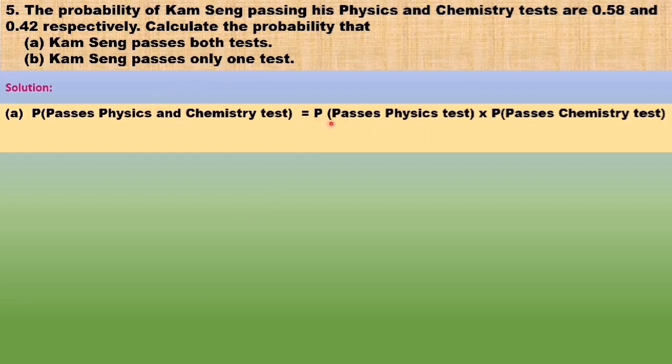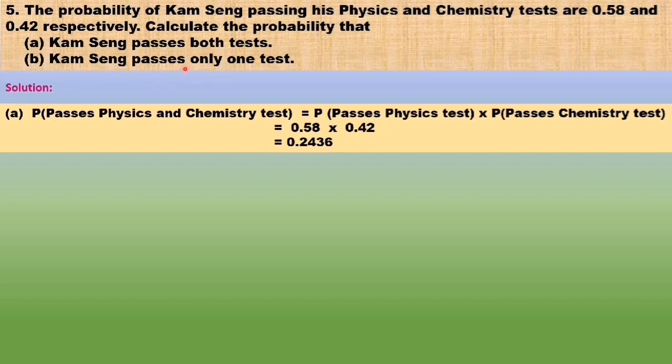So probability passes physics test multiply probability passes chemistry test. The answer is 0.58 times 0.42 equals 0.2436.